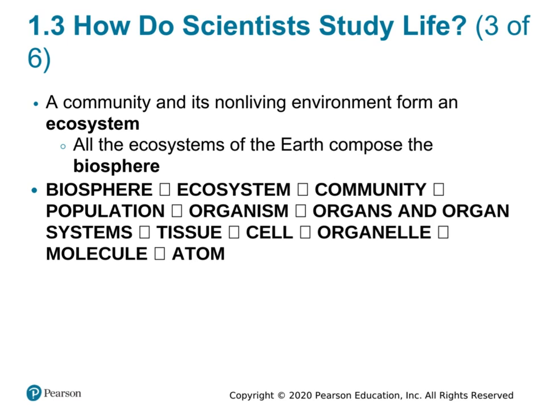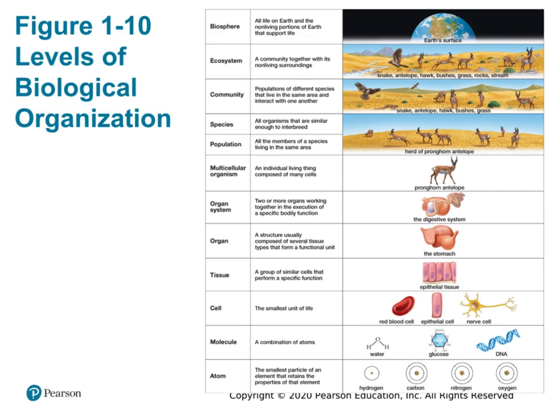And then we move on more into ecology with population, community, ecosystem, and biosphere. But this biological organization is really helpful for scientists to study life. Putting things in order, organization, is a key component to how scientists study.